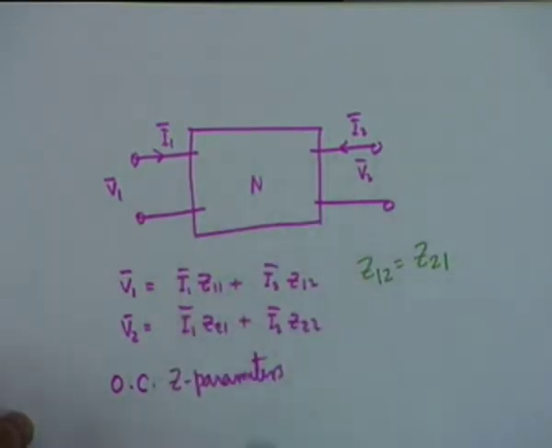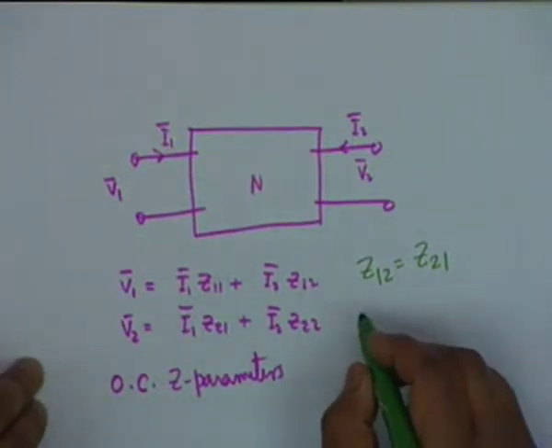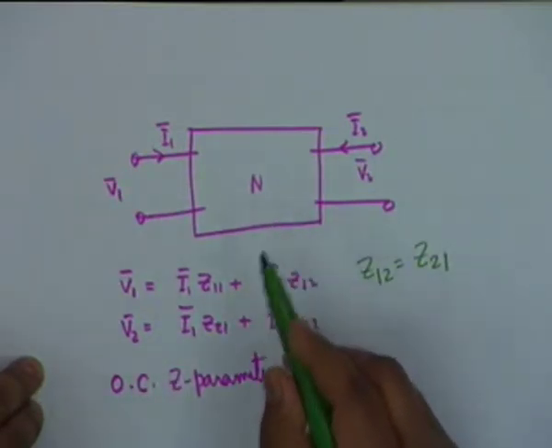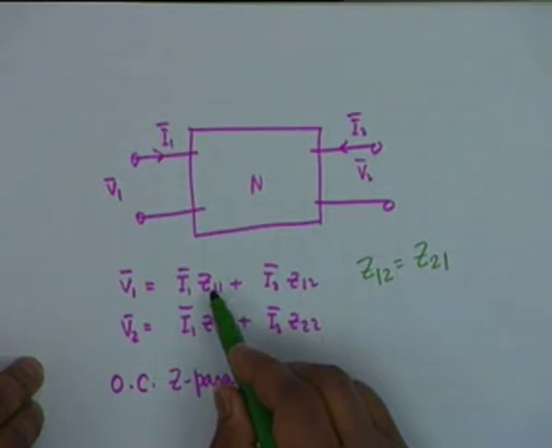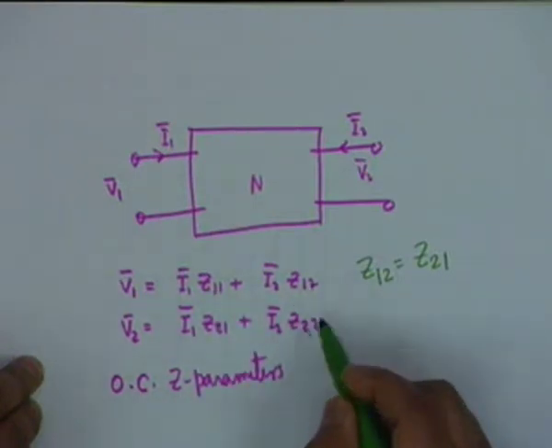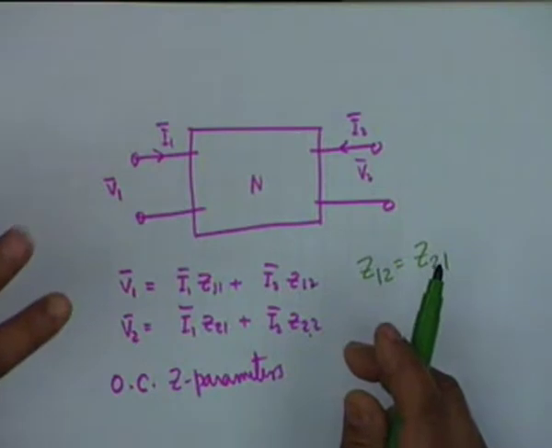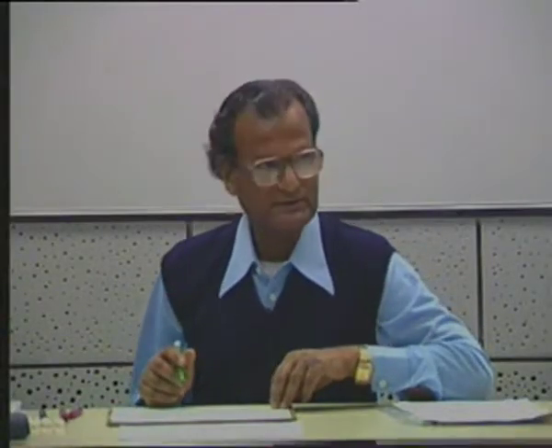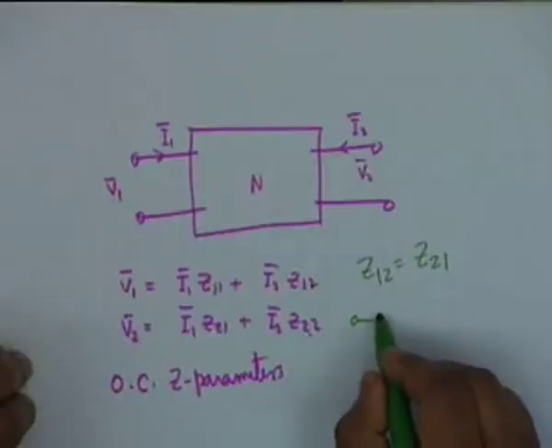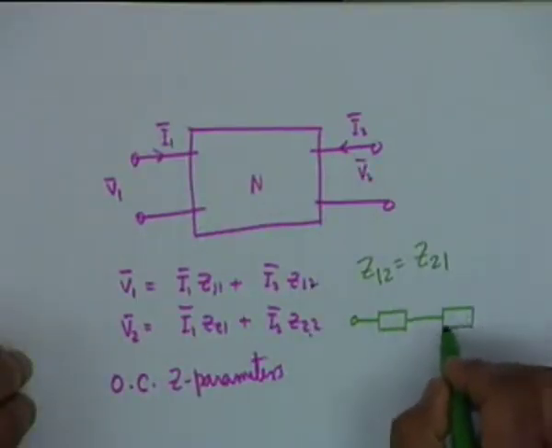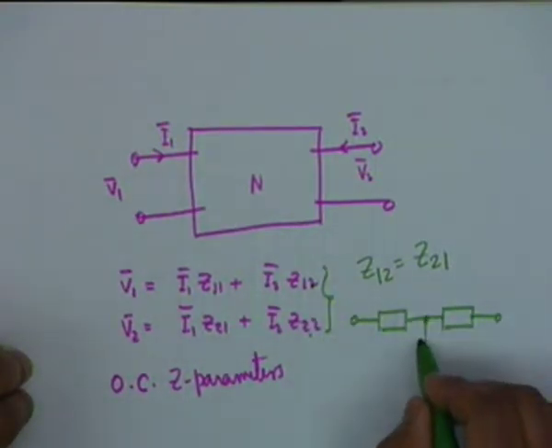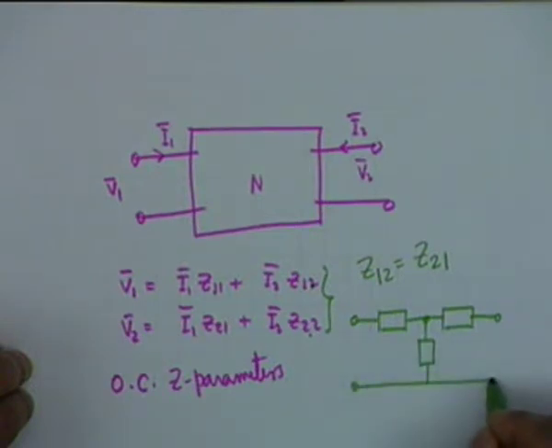There are many other interesting things that can be brought out from these relationships, and one of them is that the black box, if you characterize it by Z11, Z12 and Z22, only 3 out of 4 are needed if the network is reciprocal, then you can construct an equivalent model for the network like this. You can easily show that these two relationships can be represented by 3 elements like this.